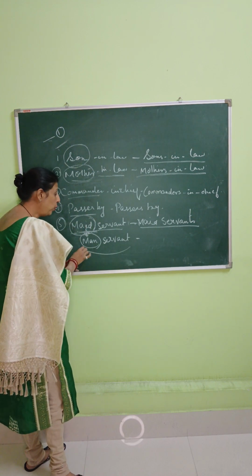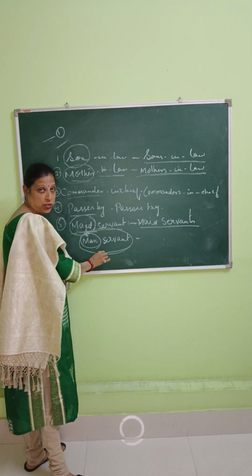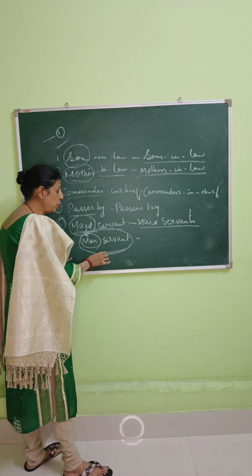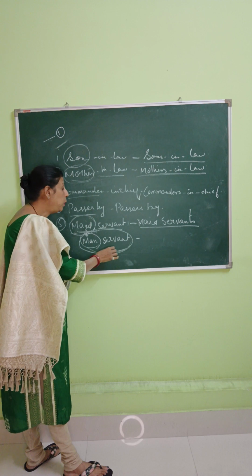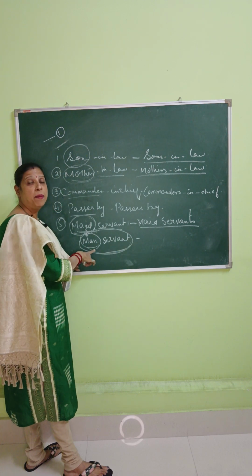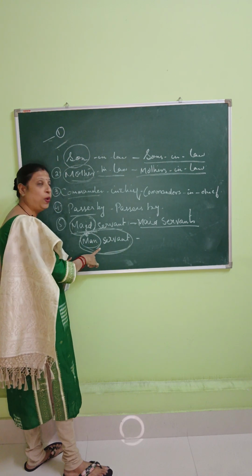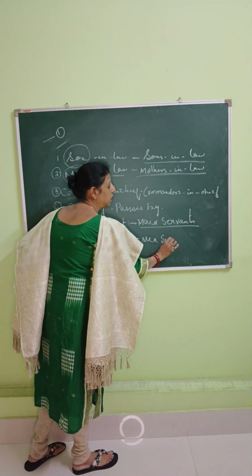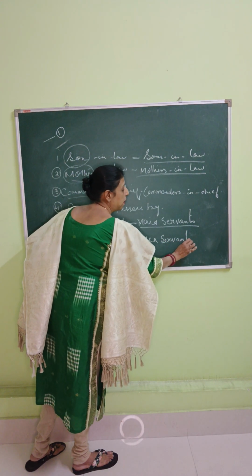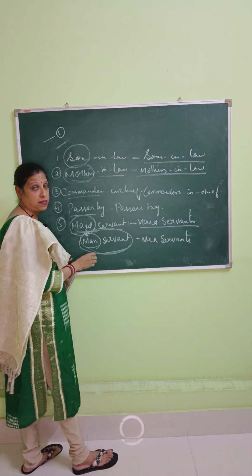The whole word is going to change. We are going to change the whole word to form a plural for this word man servant. This word will be men servants.